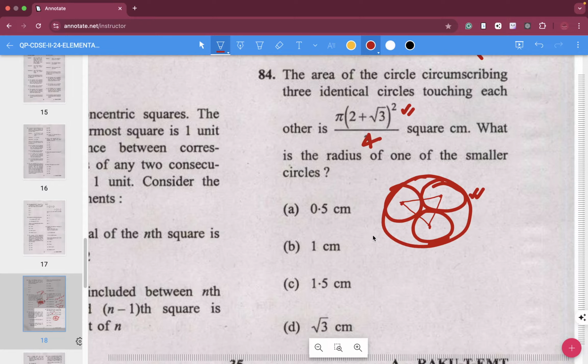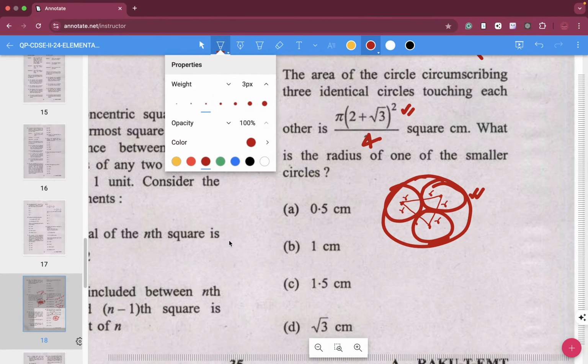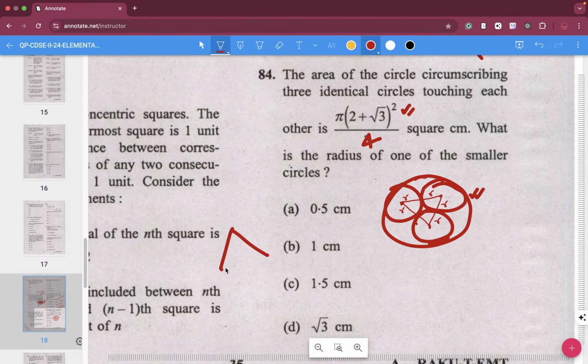If this is an equilateral triangle, then obviously each of the values over here is 2r, since each side is made of two radii.